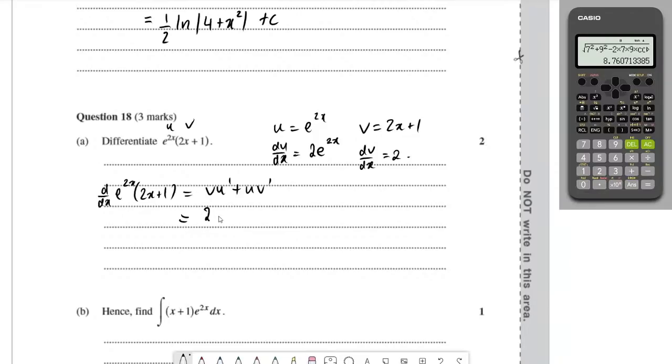So putting this in, we get 2x plus 1 times 2e to the 2x plus e to the 2x times 2, which is 2e to the 2x, lots of 2x plus 1, plus 2e to the 2x. And look at that, we've actually got 2e to the 2x in common. So let's take that out as a common factor, and we're left with 2x plus 1 plus 1.